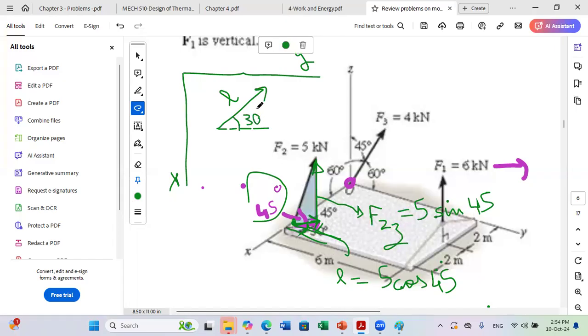Now, you have L and you have the angle. Then you can decompose it into two components, one along Y. Since it's pointing in the positive Y direction, F2Y is equal to plus L cosine 30. If I replace L by its value, F2Y is 5 cosine 45 times cosine 30.